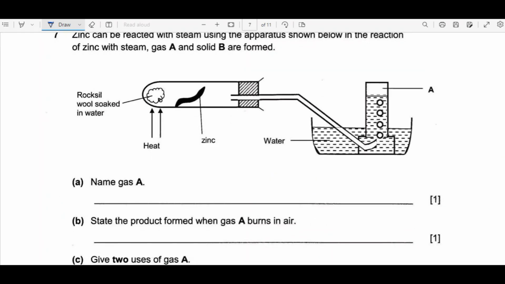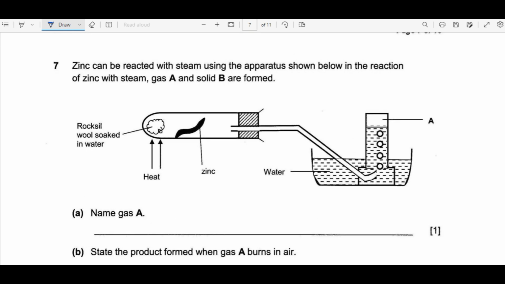Okay, we move on to question 7. Zinc can be reacted with steam using the apparatus shown below. In the reaction of zinc with steam, gas A and solid B are formed. We have rock wool soaked in water, then we have heat there, zinc, water, then gas A. The first one, name gas A. So let's look at zinc.